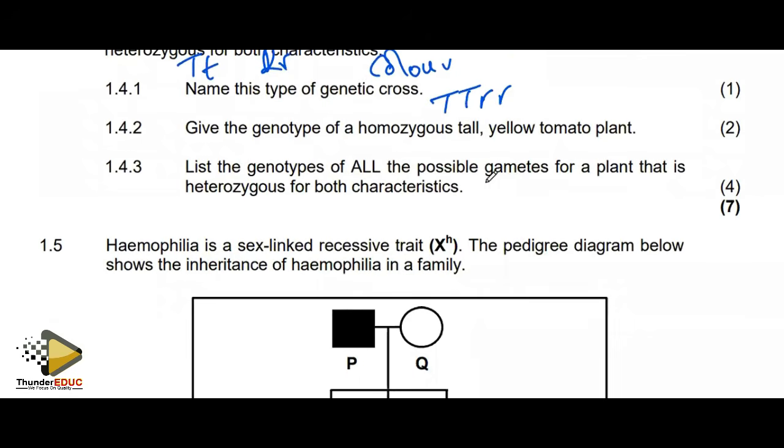List the genotypes of all possible gametes for a plant heterozygous for both alleles. If it is heterozygous, it's going to be capital T, small t, capital R, small r. Because it is a dihybrid, I'm going to combine this with this. It's going to be capital T with capital R, then capital T with small r, then small t with capital R, then small t with small r.